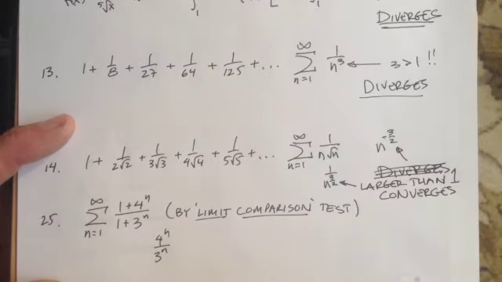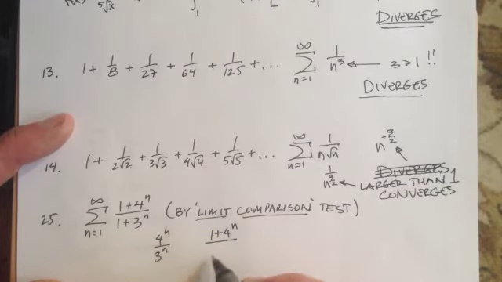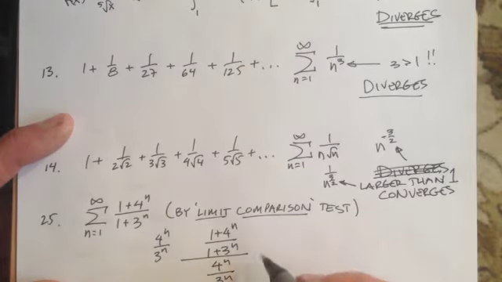So what you do is you simply make a ratio. You'll say, all right, 1 plus 4 to the n over 1 plus 3 to the n, all over 4 to the n over 3 to the n.